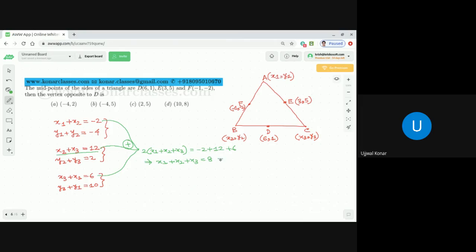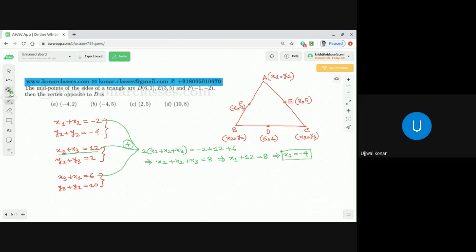So that implies that x1 plus 12 is equal to 8, so we get x1 is equal to minus 4. Dear students, we get the x coordinate of the point as minus 4. Just by looking at the 4 options, we understood it is either option A or option B. Now which one? For that we need to find the y coordinate.